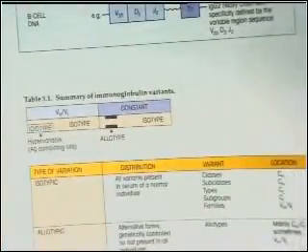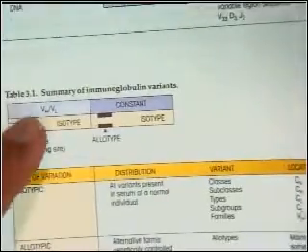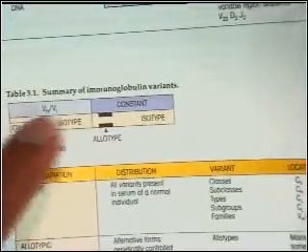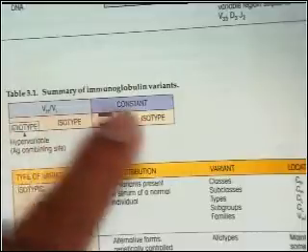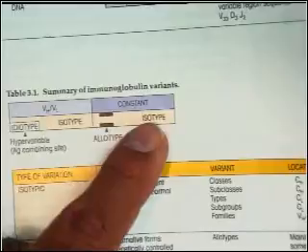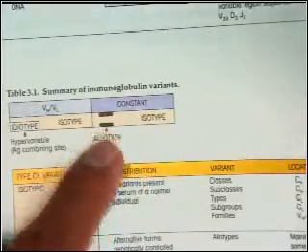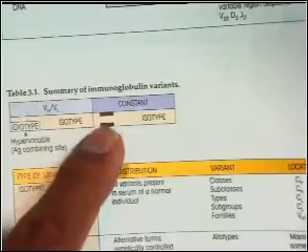Here, as I mentioned before, the variable region of the heavy chain and light chain, VH and VL, is the light blue color, and this is the constant region of this antibody. And they have an isotype here. What type of isotype do they have? They have allotype. This is present only in the constant region.